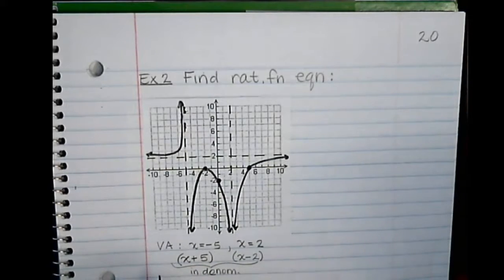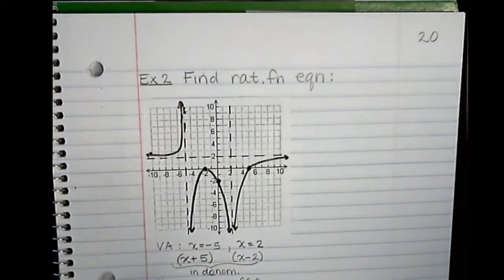We also see a horizontal asymptote at y is equal to 2. So that means that we have to have a coefficient of 2 in the numerator and 1 in the denominator. This also means that we have to have the same degrees at the top as well as at the bottom.